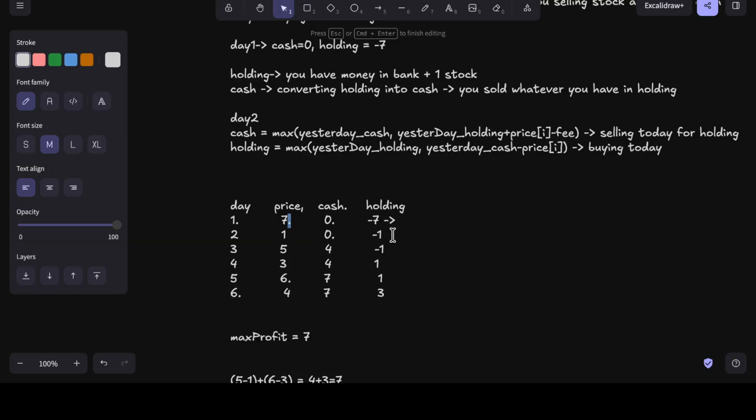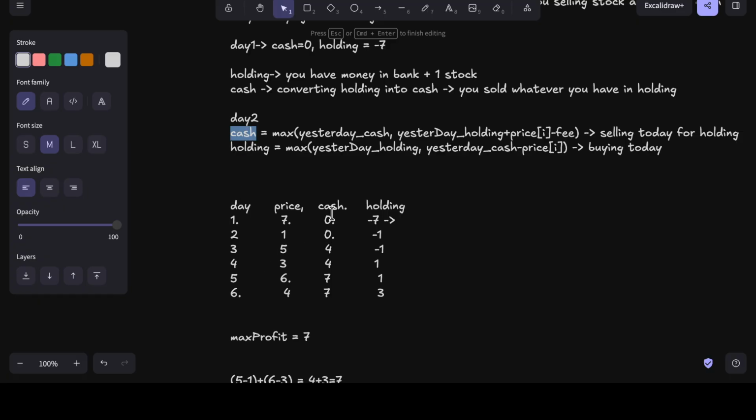So you just need to update the holding, which is -1. It means that instead of buying on day one, you are buying on day two. Just put this value in the formula, and this will give the result for each day. So at the end of each day, you need to do that.